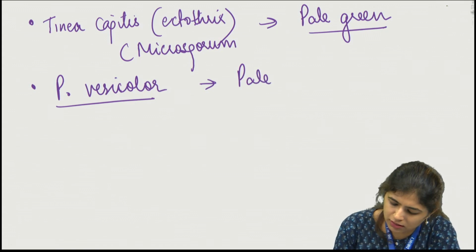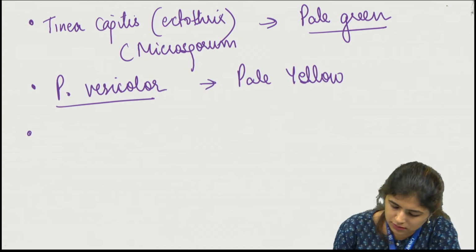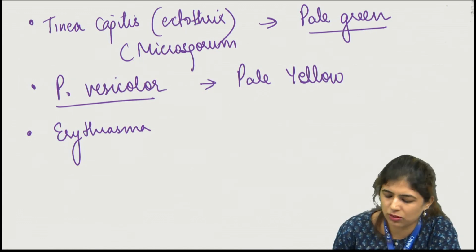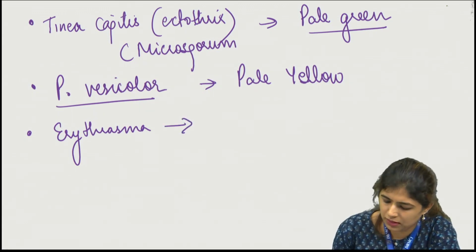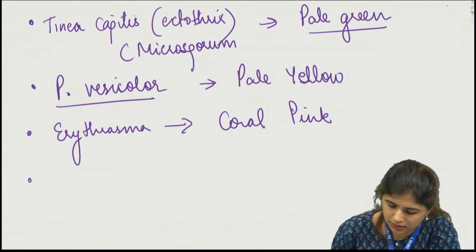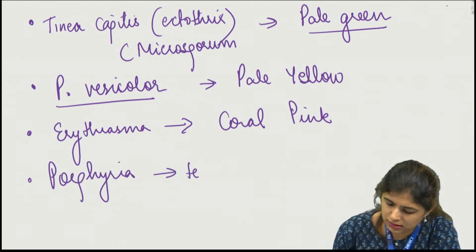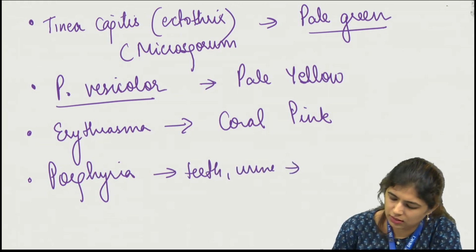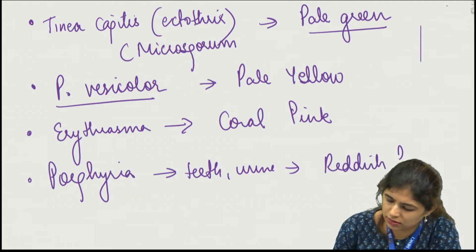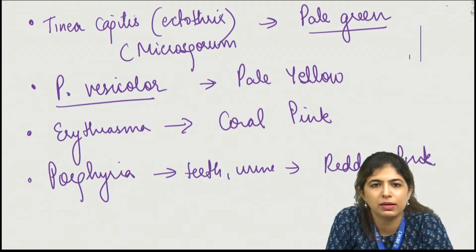Here you see pale yellow fluorescence. Then there is another infection caused by Corynebacteria minutissimum called erythrasma. This is coral pink. Then you see this in porphyrias. The teeth, urine, they fluoresce reddish pink.